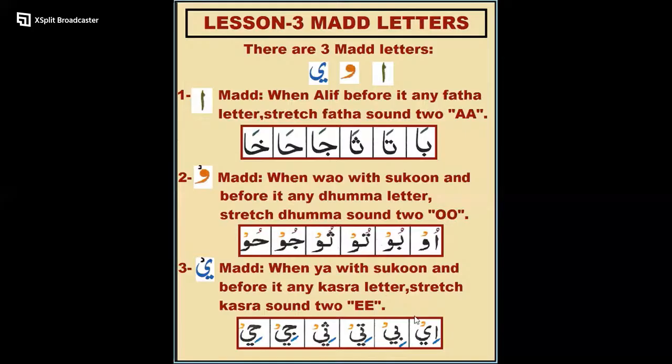And when ya has jazm, sukoon on it, and before it any letter with kasra, when joining with the ya sakoon, then we stretch the kasra sound. Hamza ya kasra ee, ba ya kasra bee, ta ya kasra tee. All these sounds we call yamad.